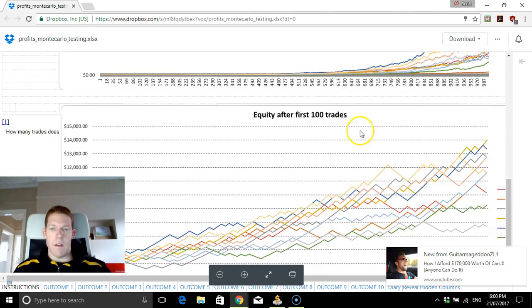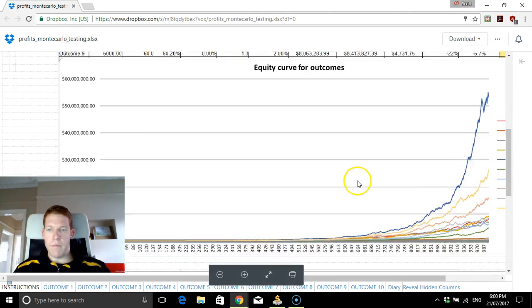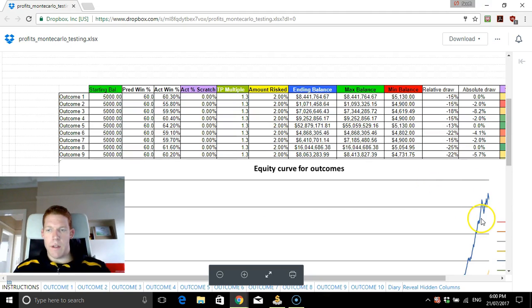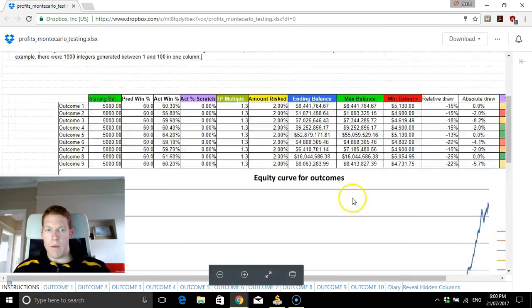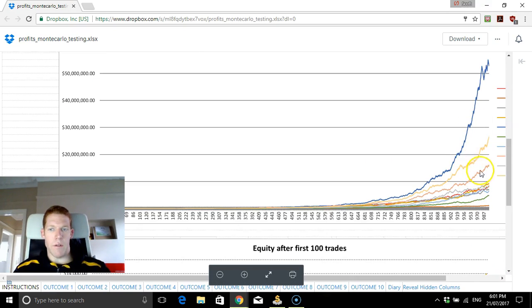So something to be mindful of. And it shows you here the different outcomes, so blue was outcome number 5. The difference is like 5%, but it makes a significant impact on the equity curve.